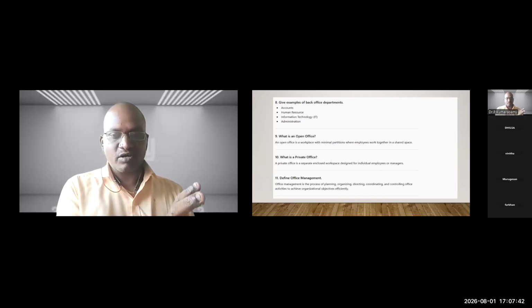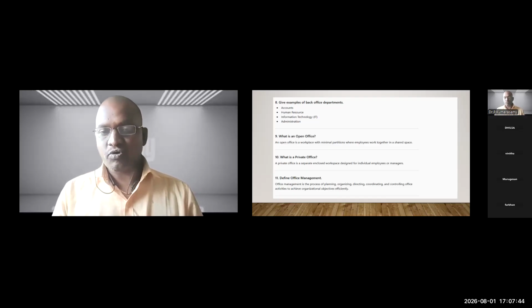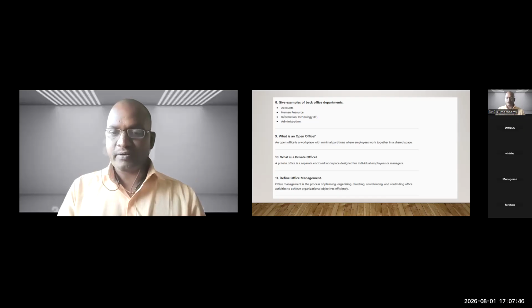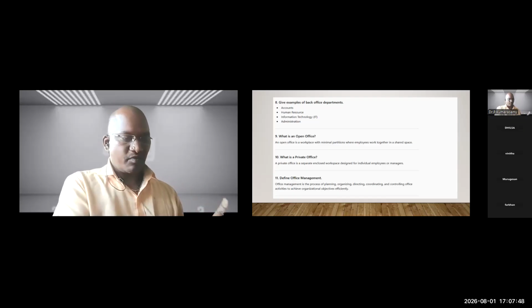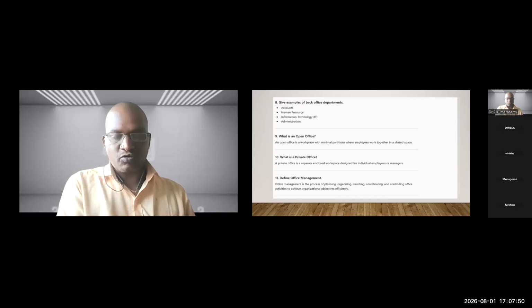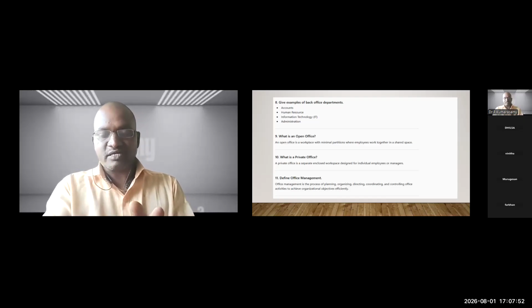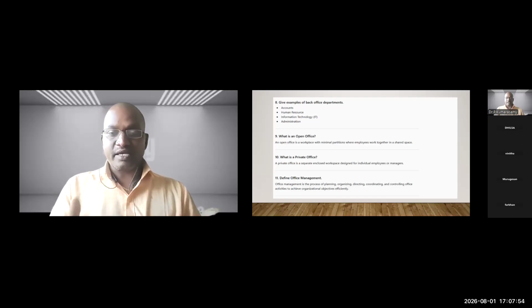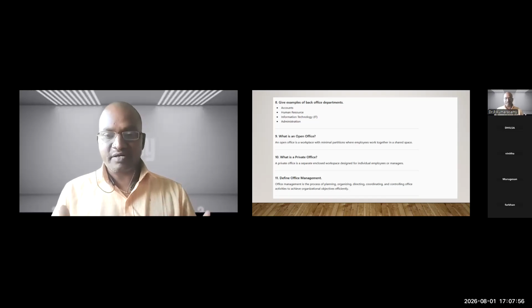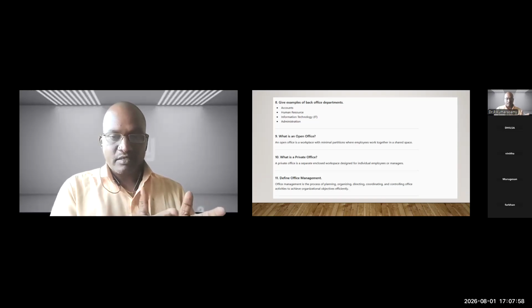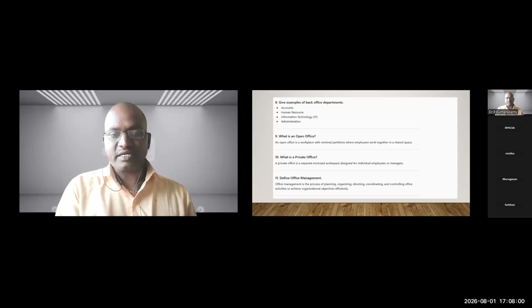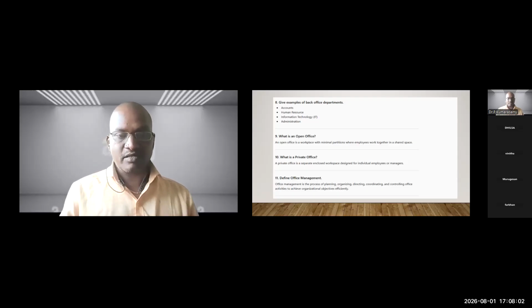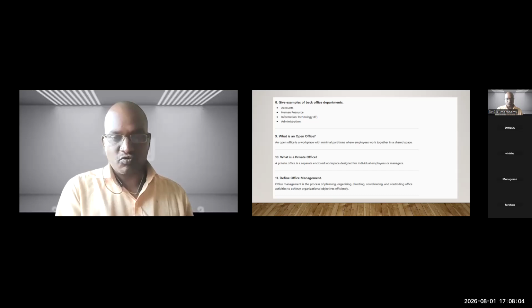There you can find one name board for each space. Five tables are arranged together, another two tables are arranged in a separate place together. Space is divided, but within a single hall. So it is called an open office because all the departments are in one largest room.